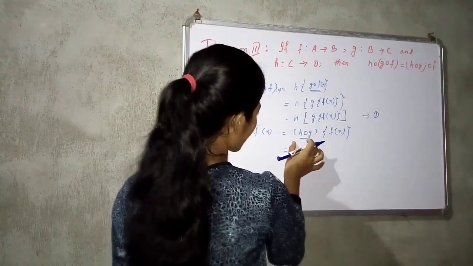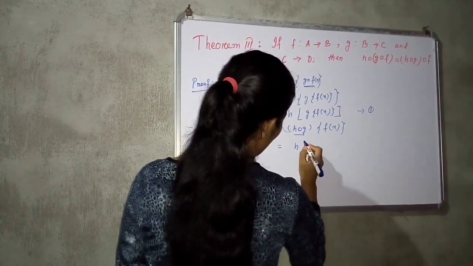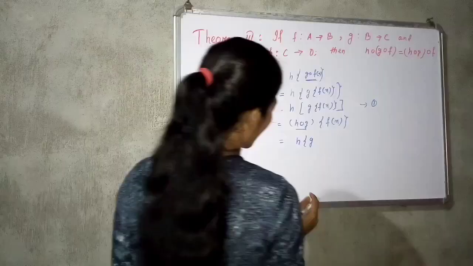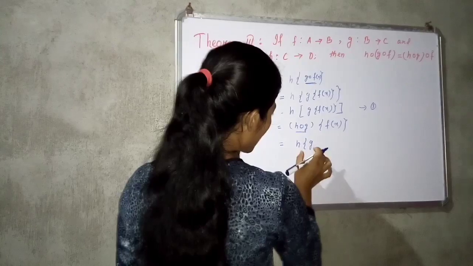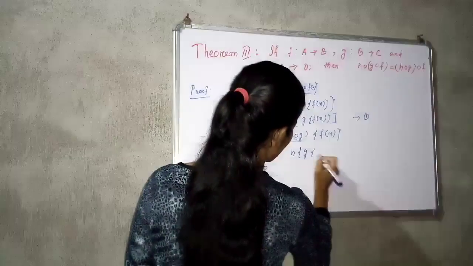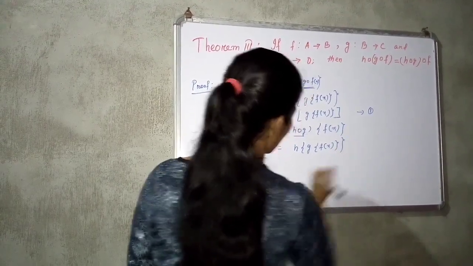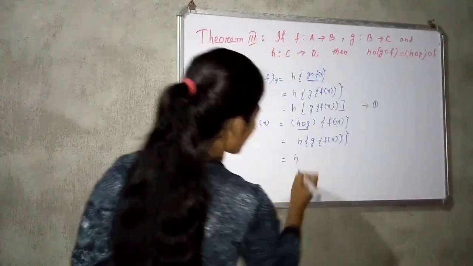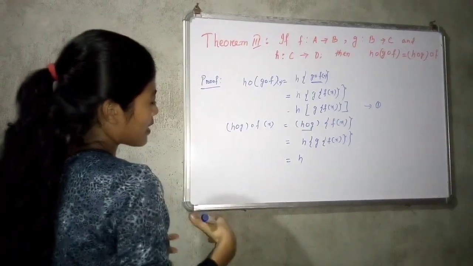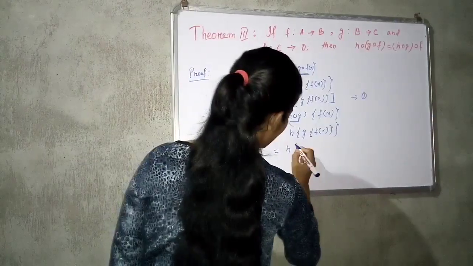Therefore, again by definition, we can write h of g, and here the element is f of x. Therefore, h of g of f of x. This is equation 2. This is very simple. We only have to apply the definition of composite functions.